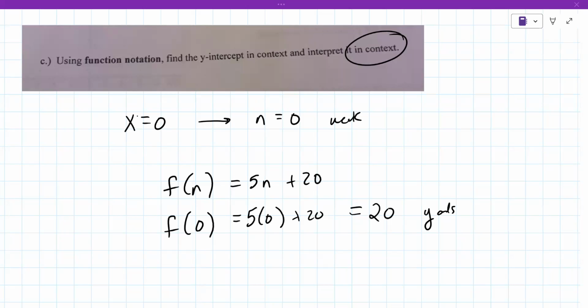Let me write that too. After 0 weeks. Well, how does that make sense if after 0 weeks you threw 20 yards? It's a baseline. It's like when you go to the gym for the first time and they ask how much you can lift, and you say, all right, I can lift 50 pounds right now.